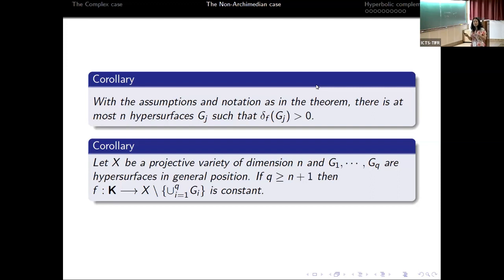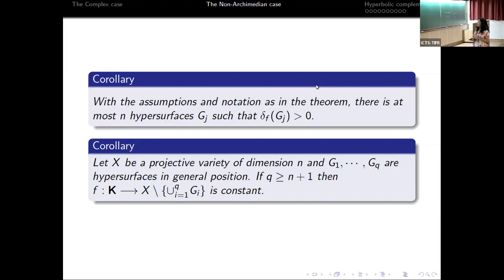So even much stronger, okay? Not only a stricter bound than n, but at most n are positive, and the rest are 0.